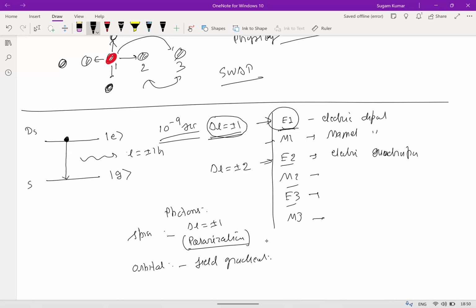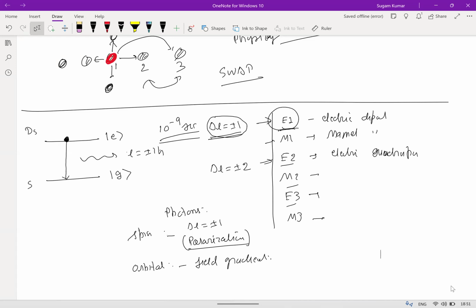Sir, one thing to ask. In the case of dipole transition, delta L is equal to plus minus 1. That is the angular momentum gap. But previously, in the previous picture and yesterday also, you showed delta L is equal to 0 plus minus 1.